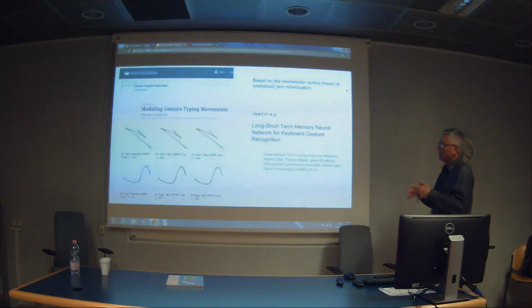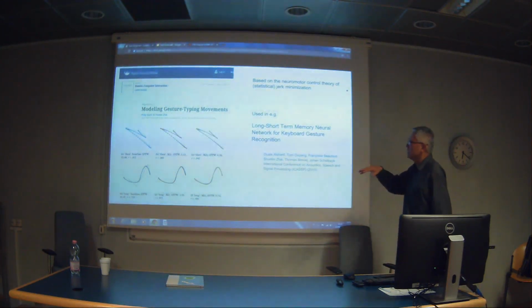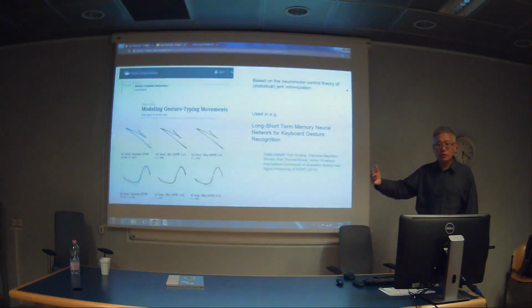generating keystrokes, gesture strokes for given words, any arbitrary words, that would mimic what a user would produce. This model is based on a fairly well-known phenomenon in human motor control called minimum jerk.